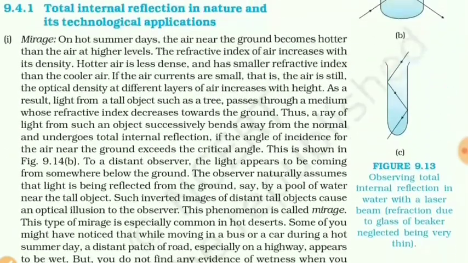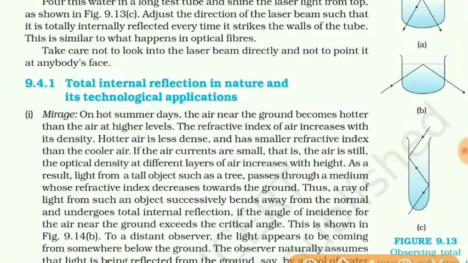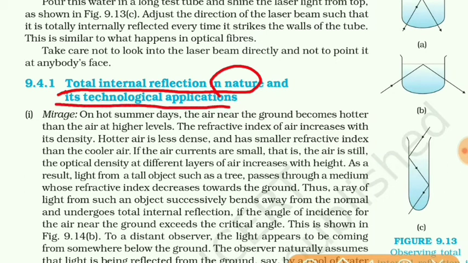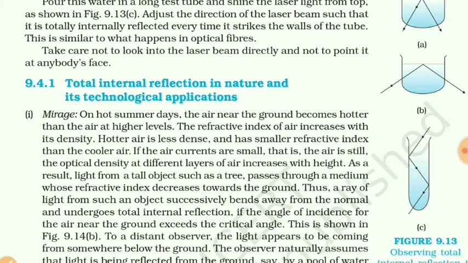Now about total internal reflection in nature and its technological applications. Students, here an example of a mirage is given.